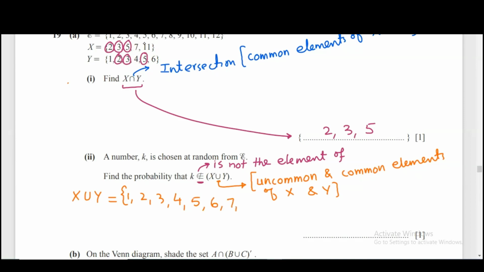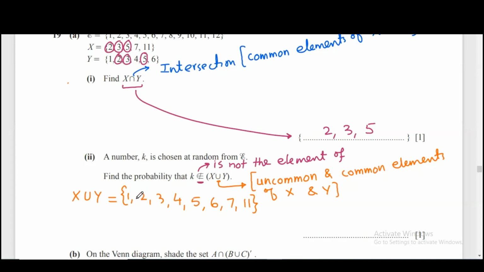So now there are 1, 2, 3, 4, 5, 6, 7, and 11. There are 8 elements in X union Y.